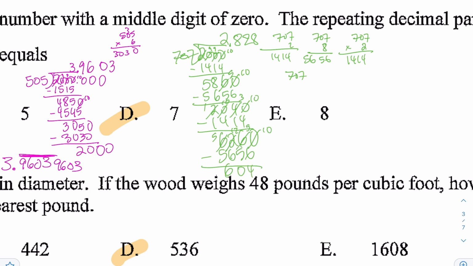Right, and you have 604, put another 0. So here, if it repeats here, it should have a repeating number here, but this would be another 8. And we have 6040 minus 5656.